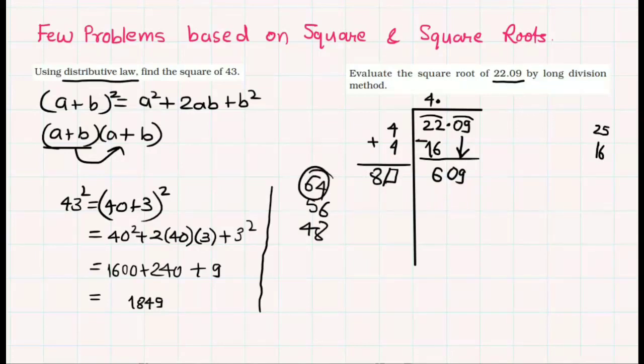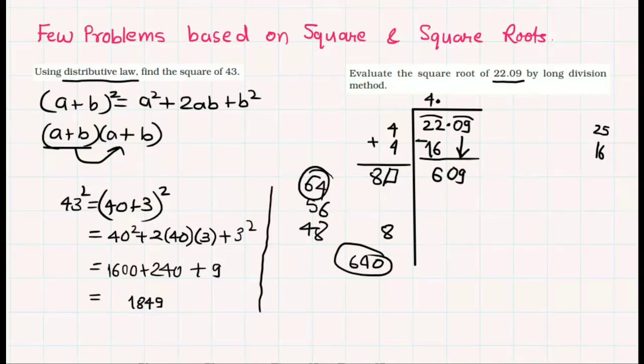But 8 is greater than 60. The product, if I put it here 88 and 8, is going to be definitely greater than 640. So we cannot put digit 8 here.